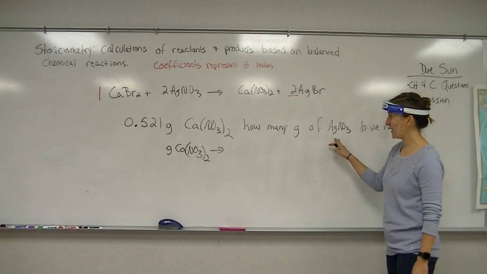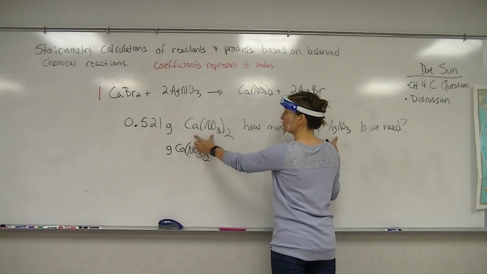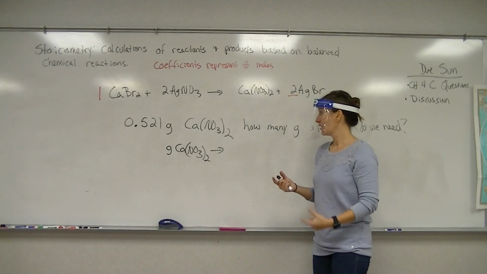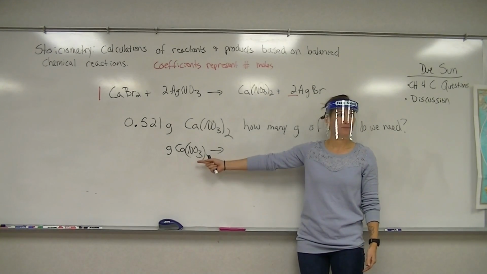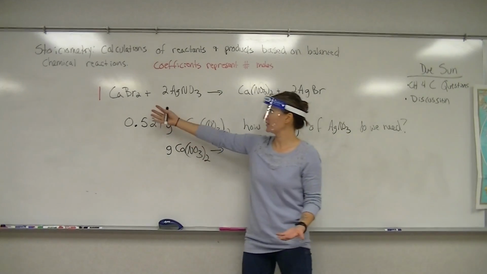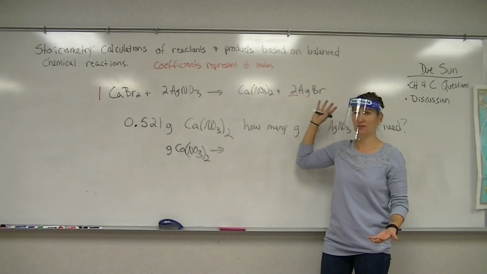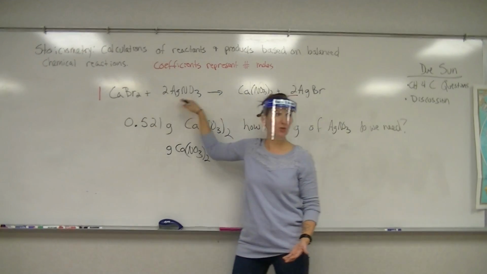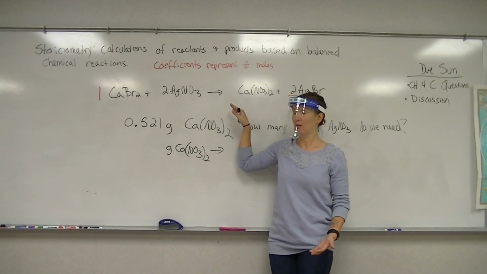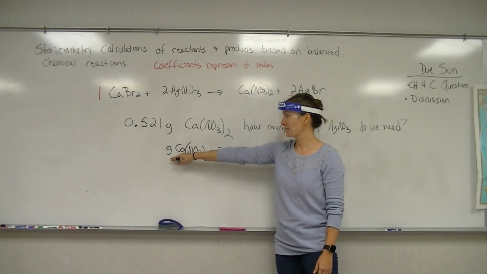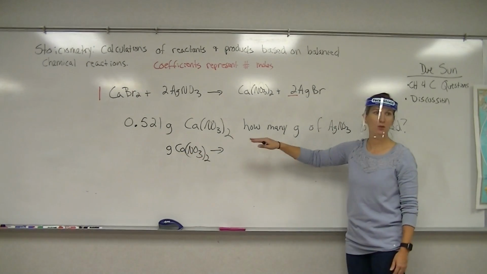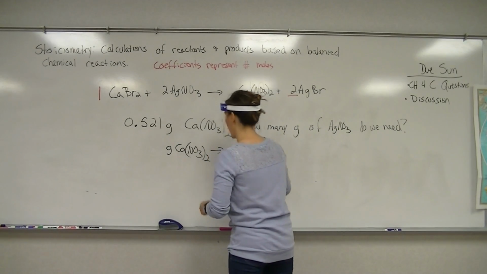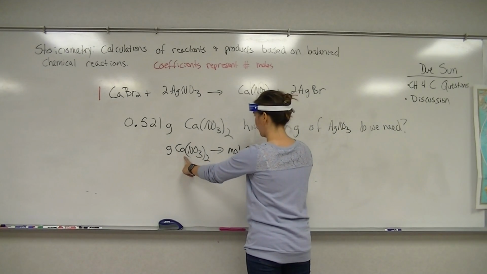But the only way we can go between 2 different compounds is when we're in moles. Right now I'm in grams, and I can't compare grams of calcium nitrate to grams of anything else. So I need it to be in moles first so that I can use those coefficients to compare. My first step, since I'm in grams, is to get to moles, more specifically, moles of calcium nitrate.